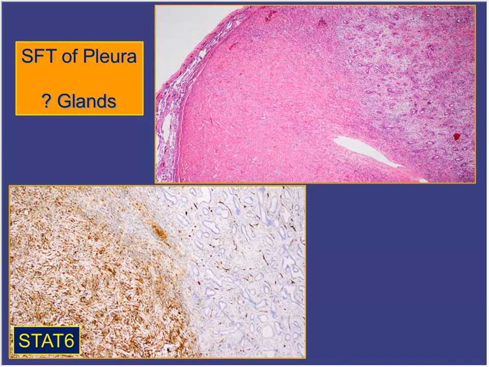Also, I'll share a little interesting case, as you can see in the hematoxylin and eosin slide. This was a solitary fibrous tumor of pleura. It was a very large mass, and on the right side of it, you can see a number of glandular structures.